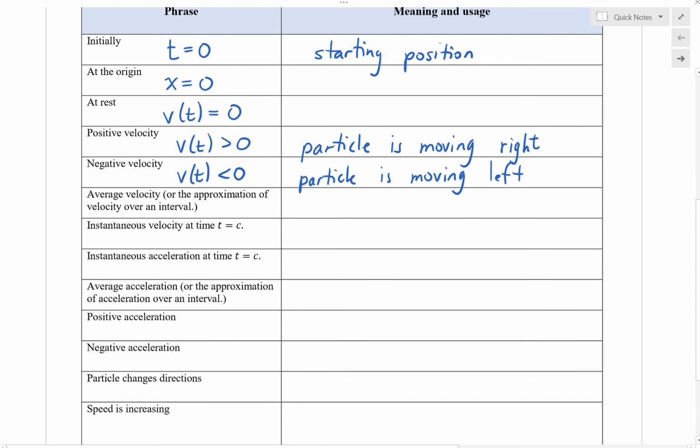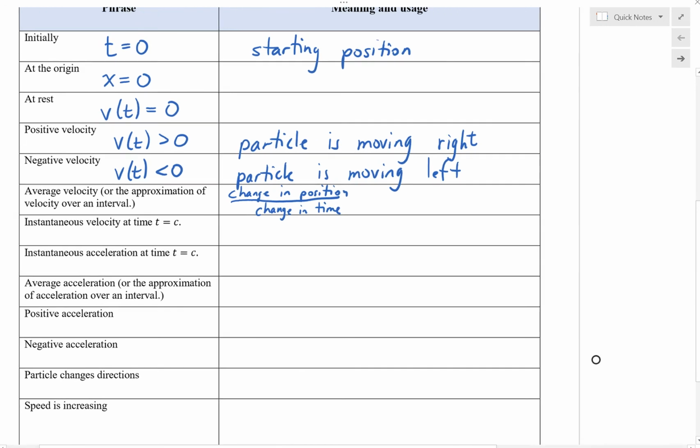If we keep looking, we have the average velocity, which could also be referred to as the approximation of the velocity over an interval. That is the change in position over change in time. Think of slope, but in this particular case we're looking specifically at the position function.